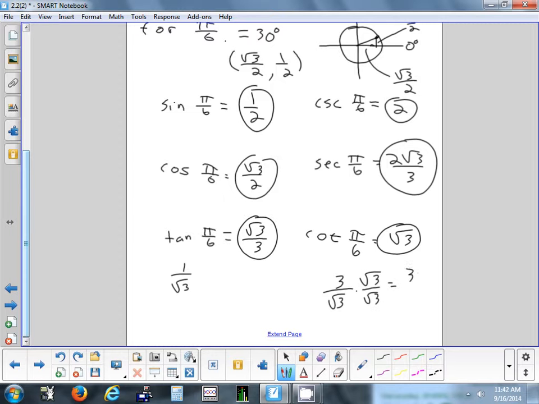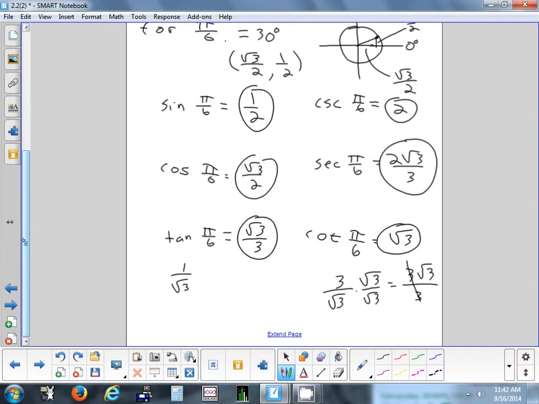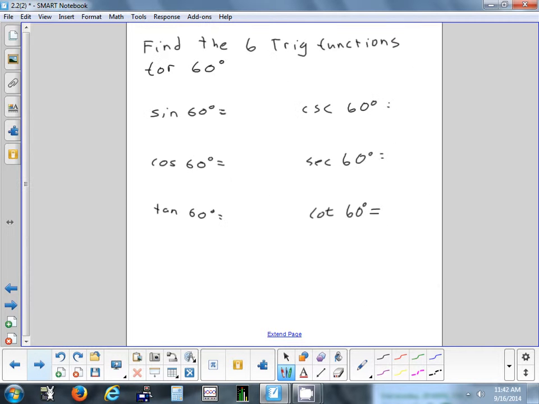That gives me 3 root 3 divided by the square root of 9, which is 3. Then your 3's cancel, so it's just the square root of 3. Any question on the 6 trig functions of 30? Okay, let's try the other one.